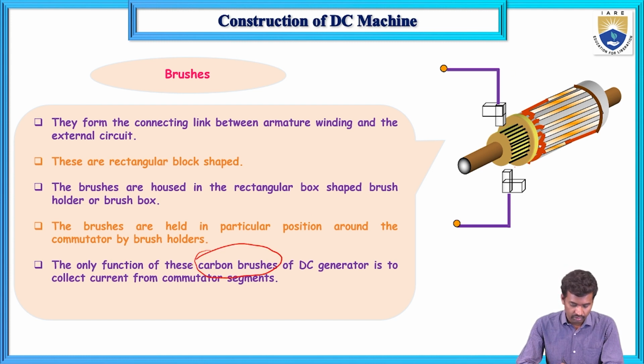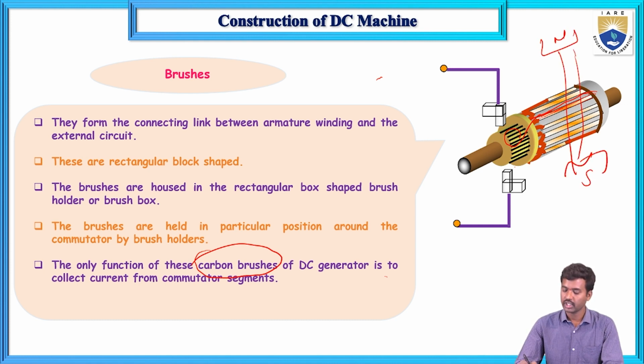Carbon brushes are used to collect the currents from the rotating conductors, through the commutator, for the stationary magnet. When flux cuts the conductor, EMF is induced in the armature conductor, and this is alternating current.